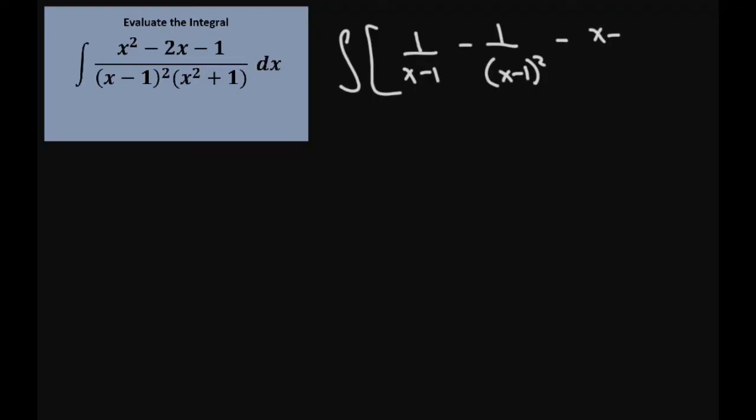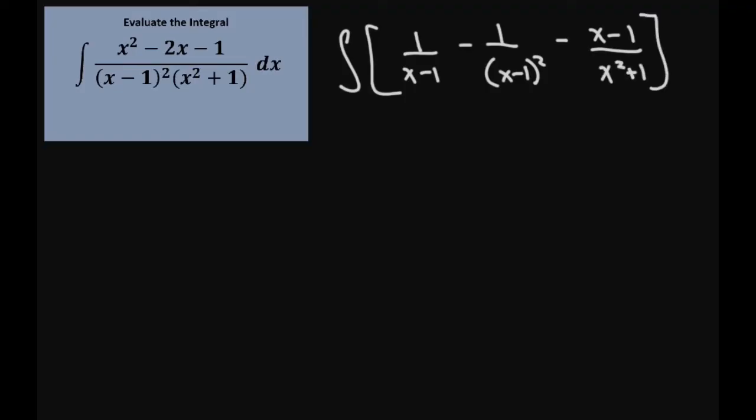So we're going to write the integral of 1 divided by x minus 1, divided by x minus 1 squared, minus x plus 1, that's your C and D there, divided by x squared plus 1.